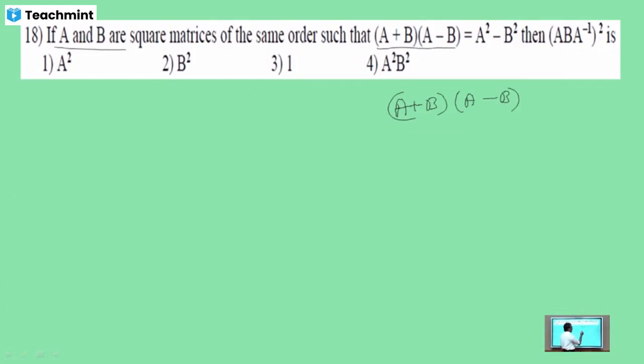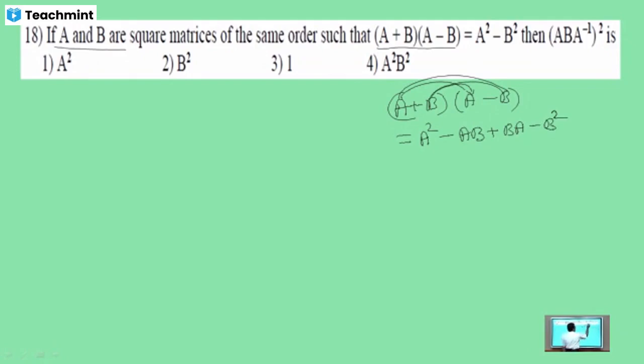But here, since matrices are being multiplied, I must expand. First term is A into A is A square, second term is A into minus B is minus AB, third term B into A is BA with plus sign, fourth term is B into minus B is minus B square.